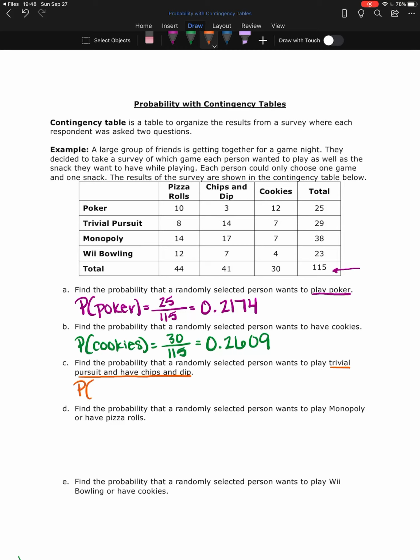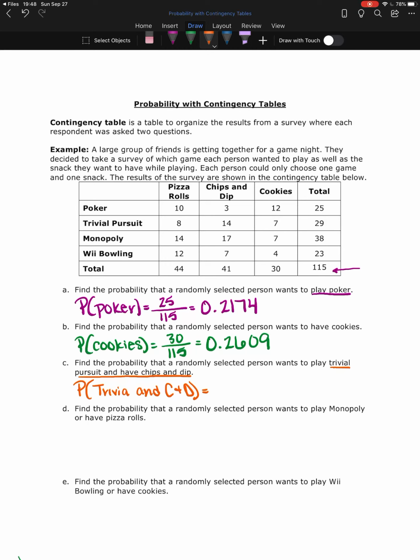So for this one, I'm looking for Trivial Pursuit, which I'm just going to shorthand to trivia, and then chips and dip, C and D. I just don't have a ton of room to write. So to find this one, I'm going to look for how many people voted for Trivial Pursuit and chips and dip.